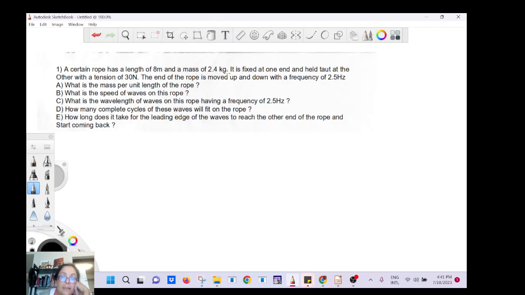So it's a rope and it's tightened at both sides. So here that will be the length. And here you have the mass. And here you have the tension.